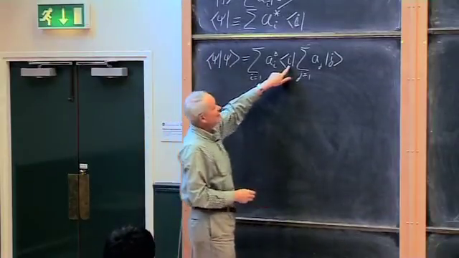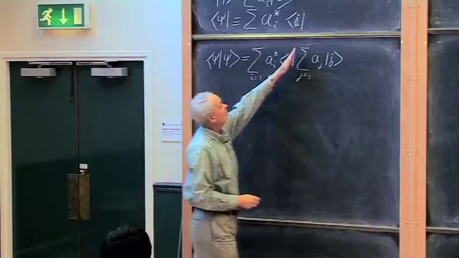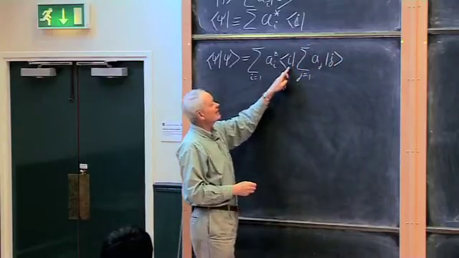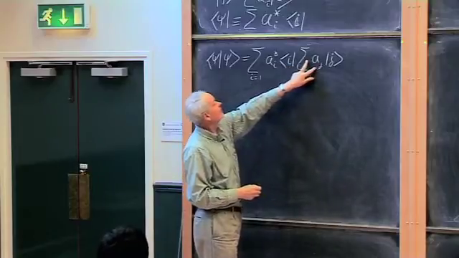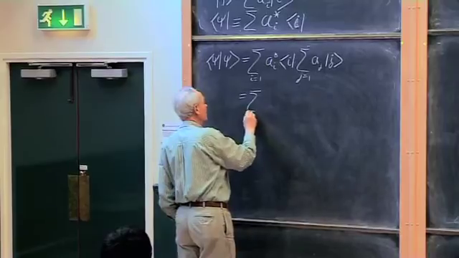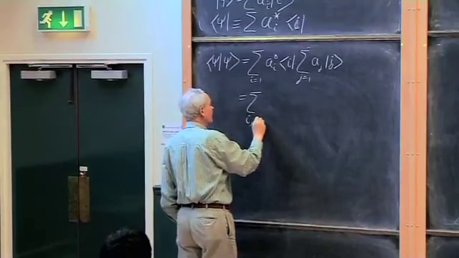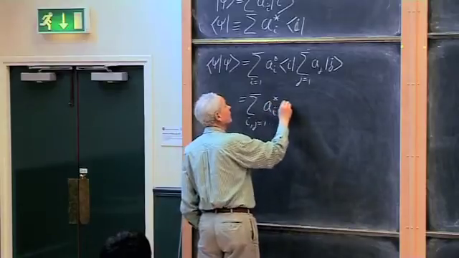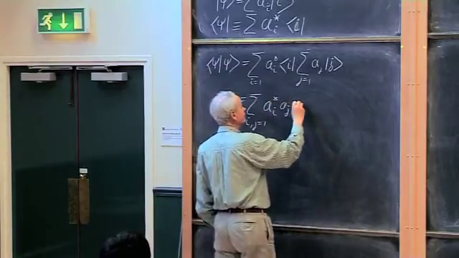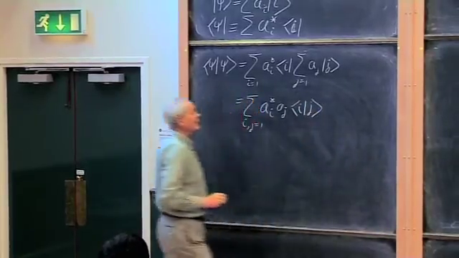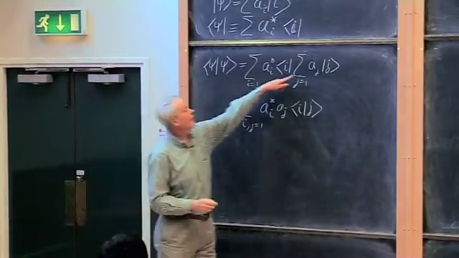This is a linear function. We're evaluating this linear function on this dirty great sum, but because it's a linear function, the sum can be taken outside, so I can write this as the sum over i and j, from 1 to whatever it is, of a_i star a_j <i|j>. There I've used the linearity of the function <i|.